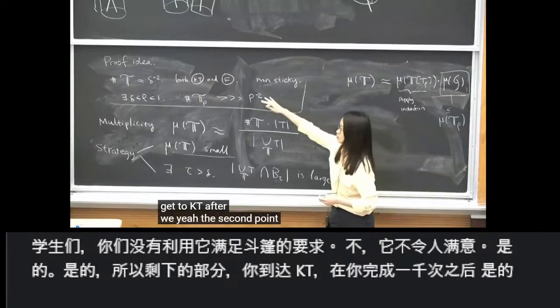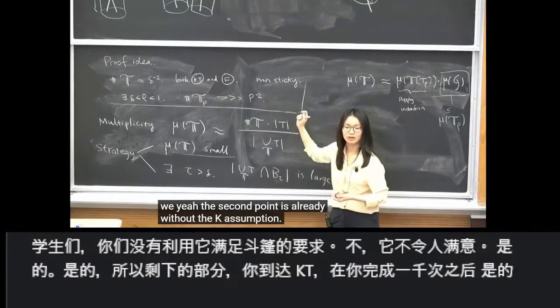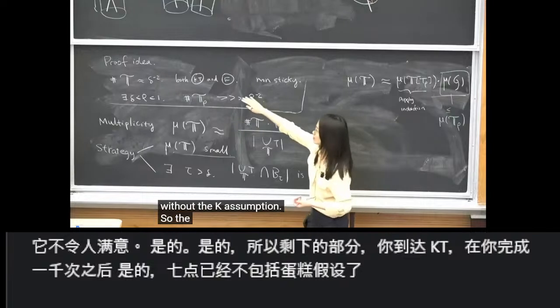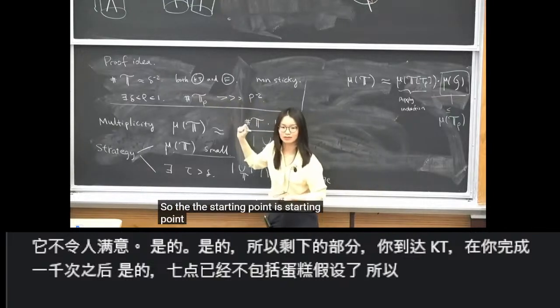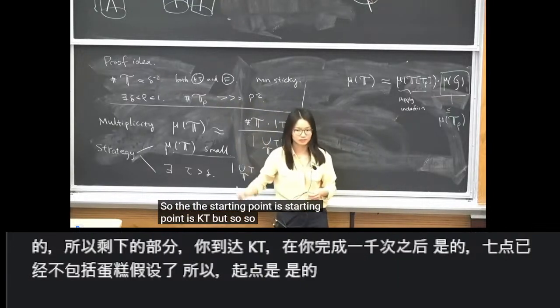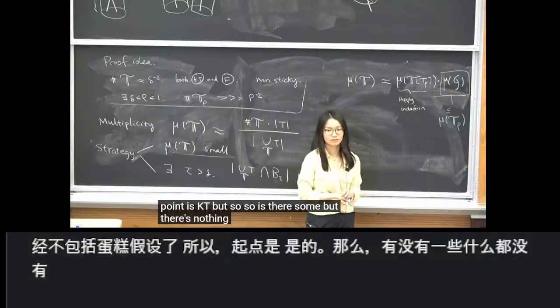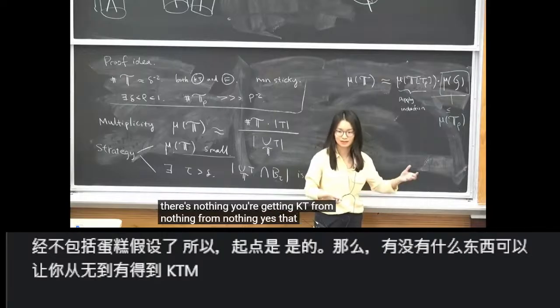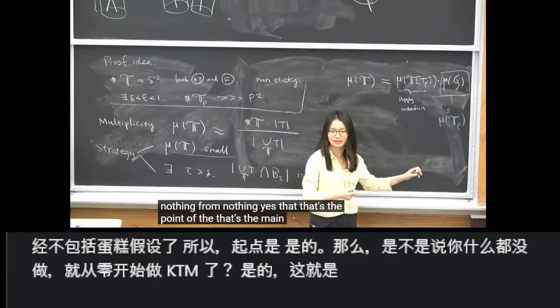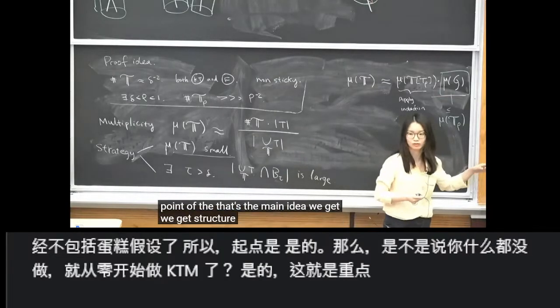The starting point is already without the Kakeya assumption. The starting point is KT. You're getting KT and F from nothing. From nothing, yes. That's the main idea: we get structure from no structure.